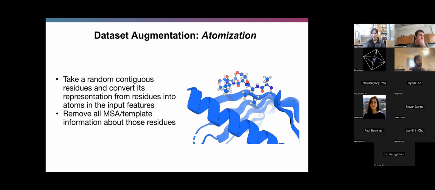Does that answer your question? What does the neural network get as input? For example, if you had glycine, it would get nitrogen, carbon, oxygen, or something like that, and then the way those are bonded to each other.